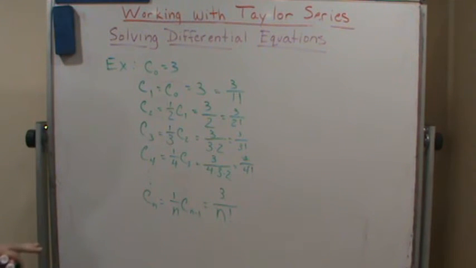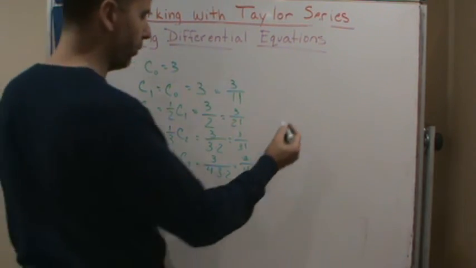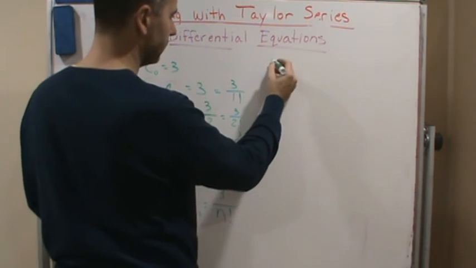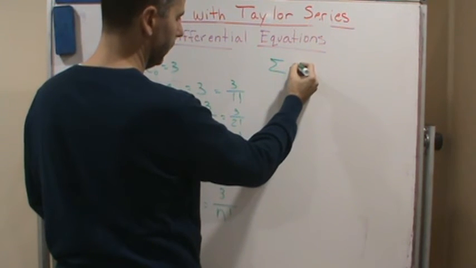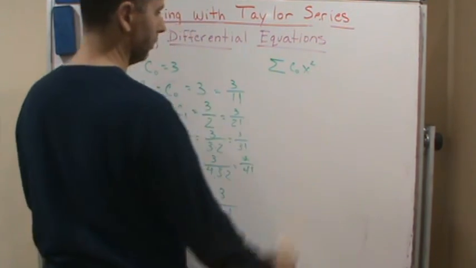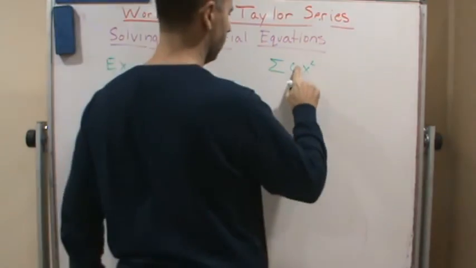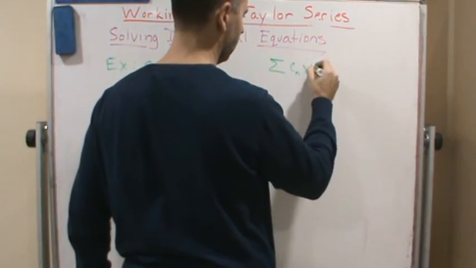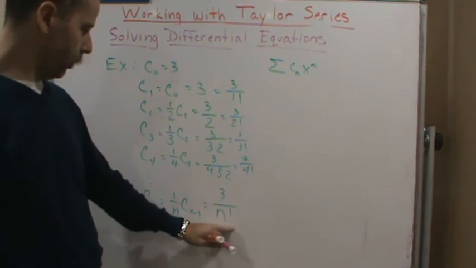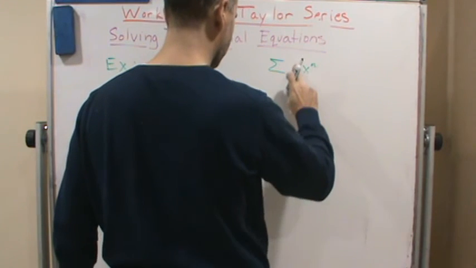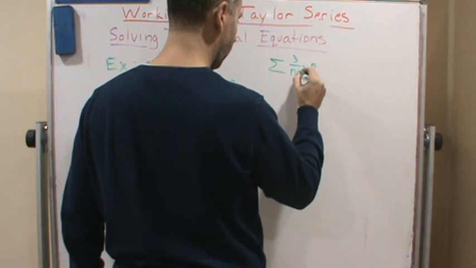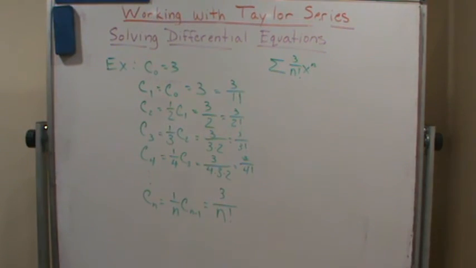If we put this together, then again, we know that the representation is given by that. And we know that these coefficients are now given by 3 over n factorial, right?